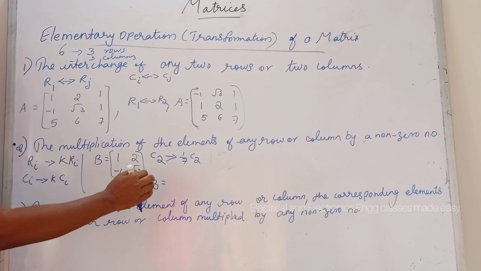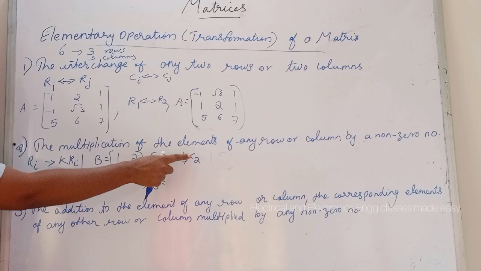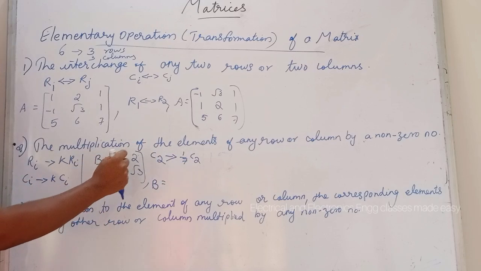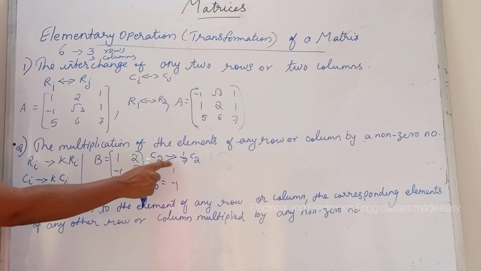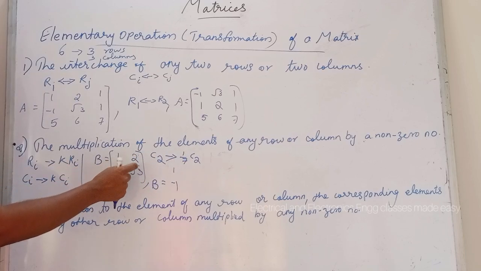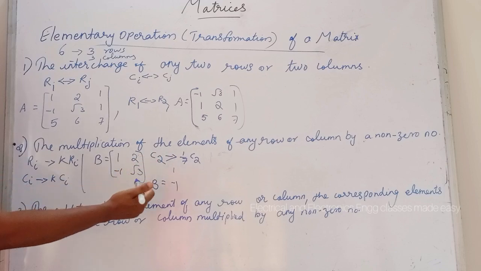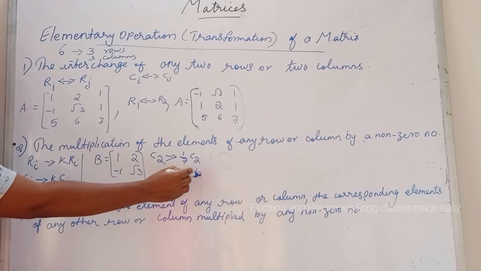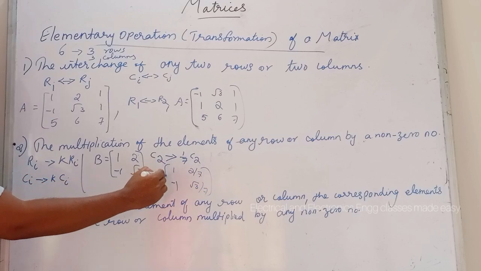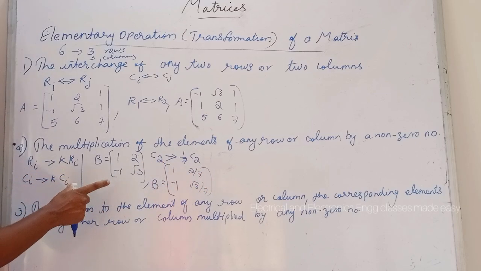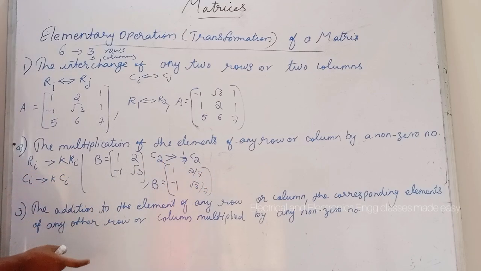B will be equal to, here C2 is changed as 1 by 7 C2. So first column is itself, that is 1, minus 1, then second column is changed as 1 by 7 C2. So here we have to divide with 7. So here we will get 2 by 7 and here root 3 by 7. In this way we are applying this rule.